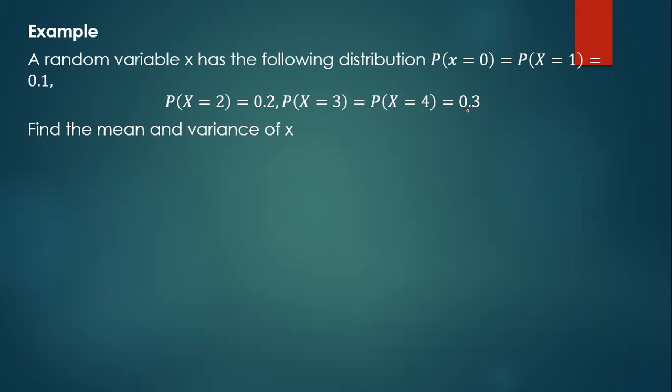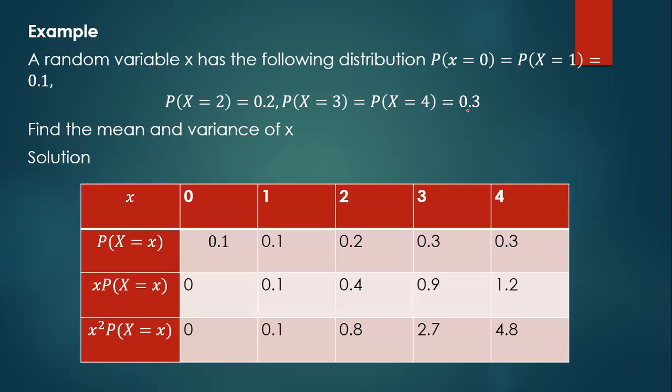Then that would guide us on how to find mean and variance. So that is our table. Who can explain this table? Who can take us through the explanation?